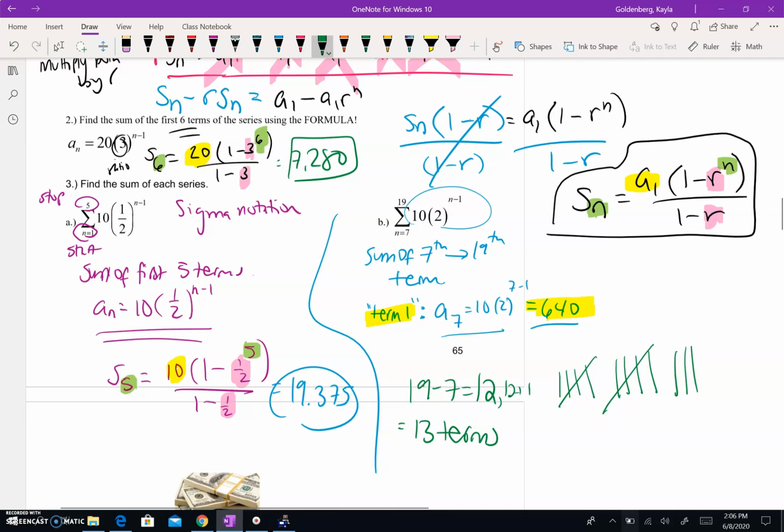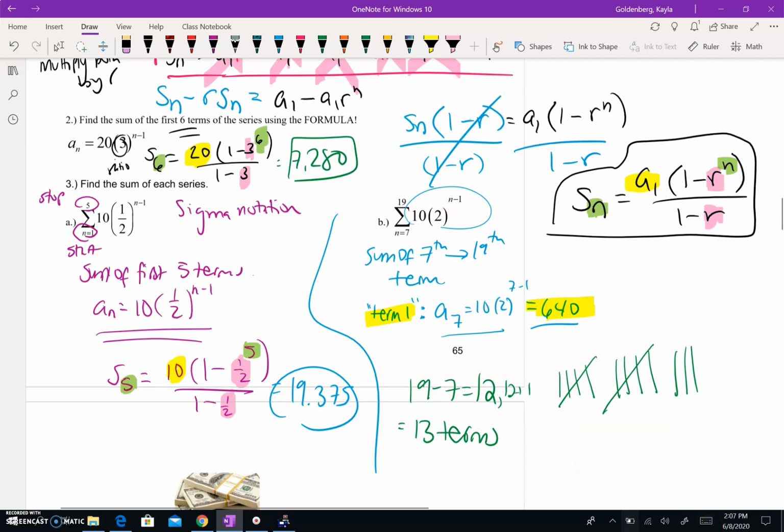But when you're counting terms, if you just subtract it, like if you do 19 minus 7, you're finding how far apart the 7 and the 19 are, which if you start here, and do however many hops, it's telling you that it's 12 apart, but you have to also take into account where you are starting, that you're including the beginning as well in your list.